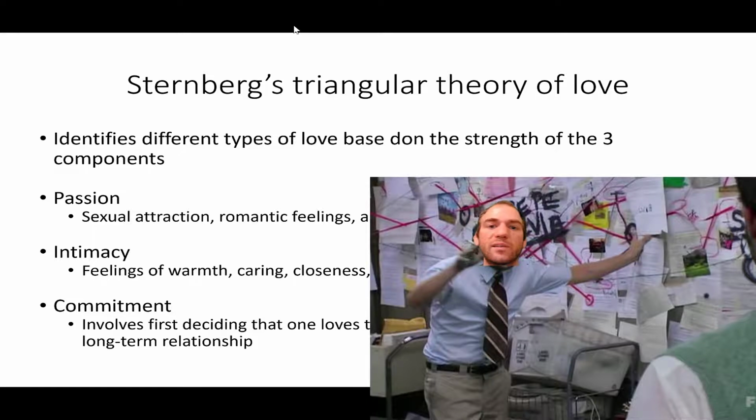And each of those clusters of strength on those three components are labeled, and there's a pyramid associated with that, with varying levels of strength on those three components, which you don't need to know, but that's how this works.